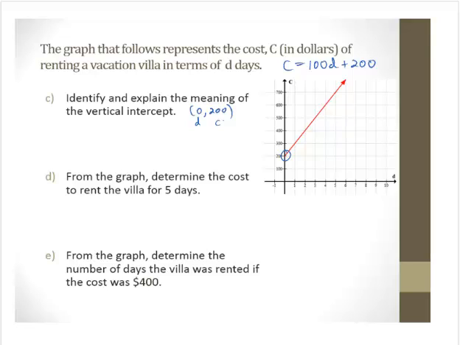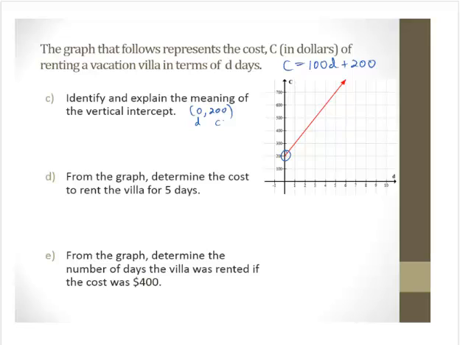How could that make sense? Well, sometimes when you rent a vacation home, there's maybe a down payment or some other payment, some other defined cost for things like cleaning or other maintenance. And so then we often have that cost and an additional daily cost.